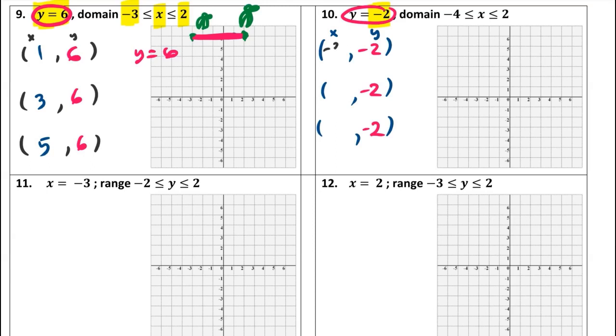Let's say I choose -3, 0, and 2. So -3, -2; 0, down 2; and 2, -2. Again, it's a horizontal line that goes sideways. That's just y equal to -2.